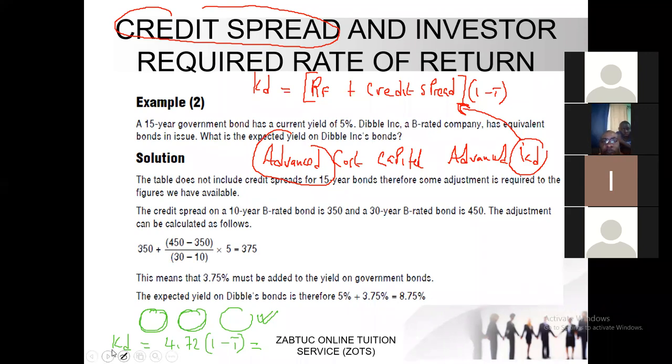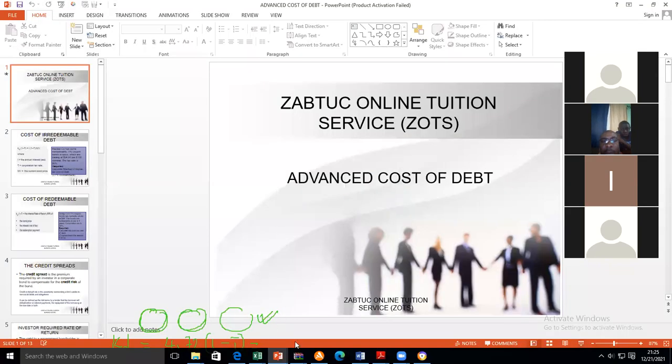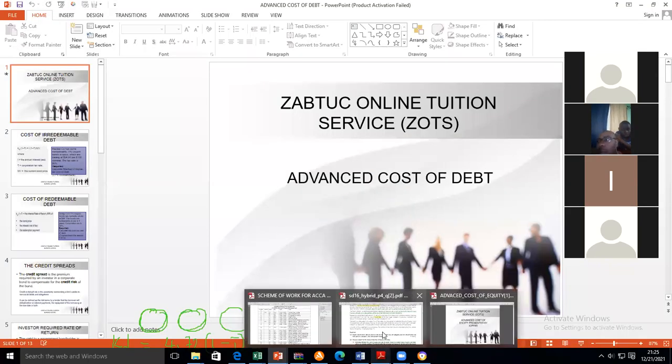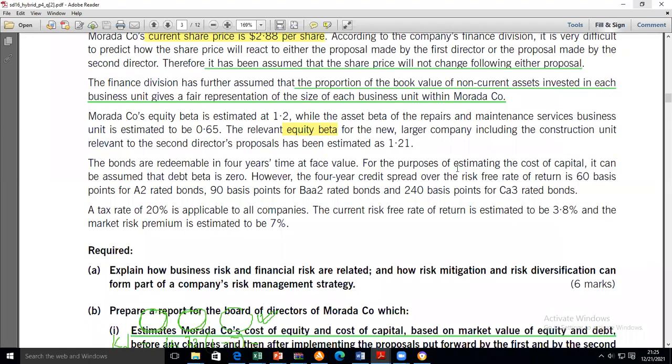So now let's go. We are now not surprised in terms of the language. Let's look at the language.